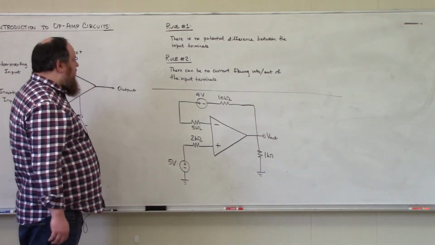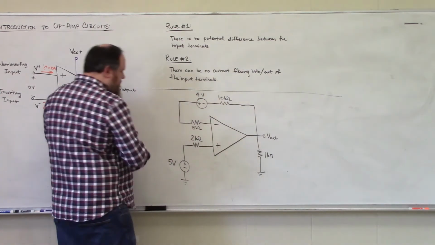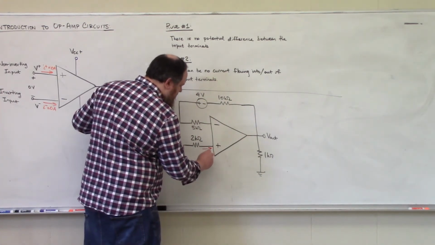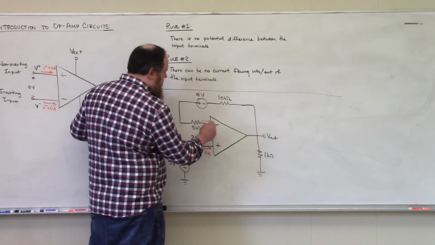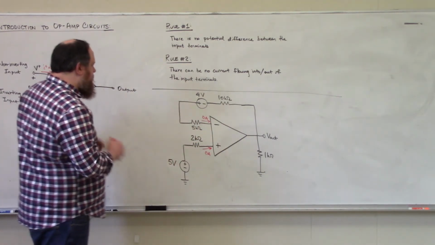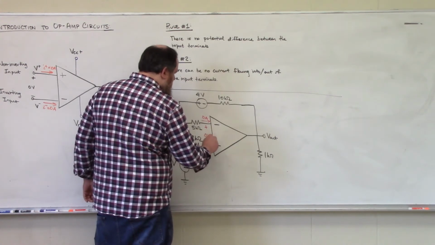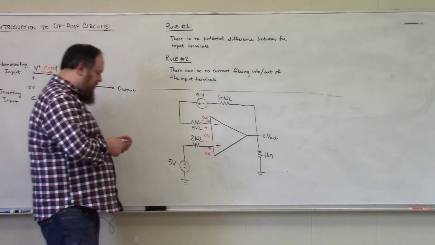So if we apply our ideal op-amp rules, we can observe a couple of things. So first, we know that this current that I'm drawing in red must be 0 amps, and this other current that I'm drawing in red must be 0 amps. And this voltage drop between our two input terminals must be 0 volts.